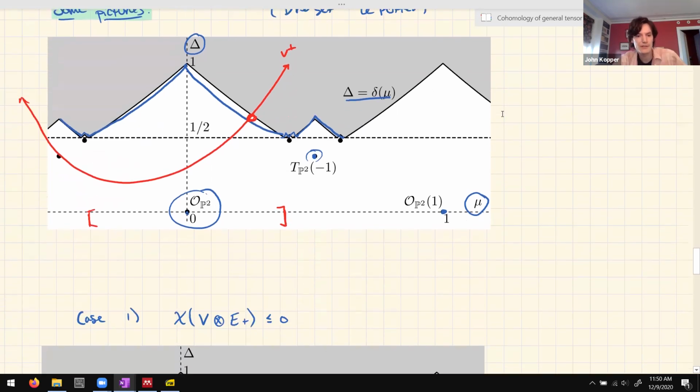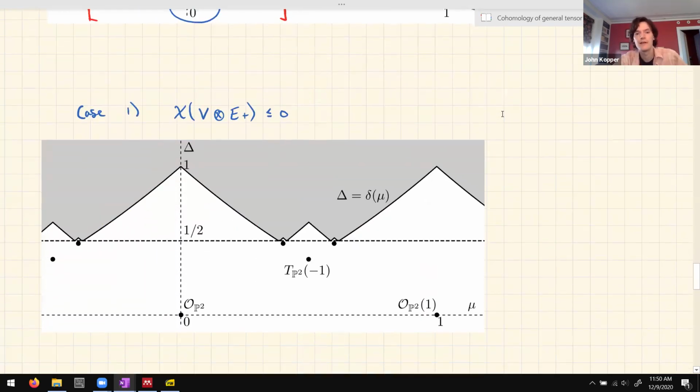Let's do another picture. So case 1 of the theorem says V tensor the corresponding exceptional is less than 0. So that's actually, I think I already drew that. The orientation of this is V perp. Oh, I've drawn it wrong. This one looks like this.